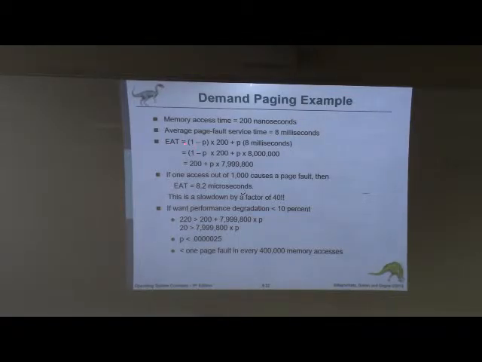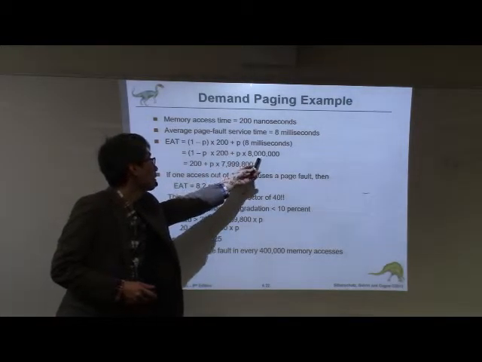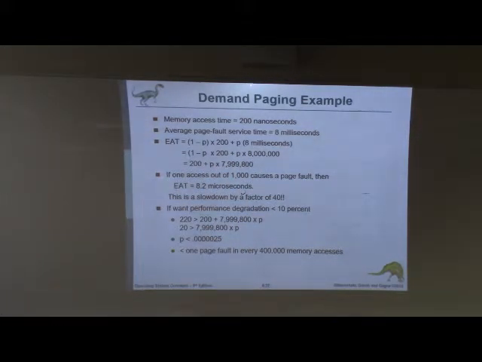So at this time, if we consider the effective access time, it's the valid case, no fault, and this is the invalid case. The invalid case is where we consider the page fault service time. So 8 milliseconds, if we consider nano as the unit, is 8 million. Nano is minus 9.